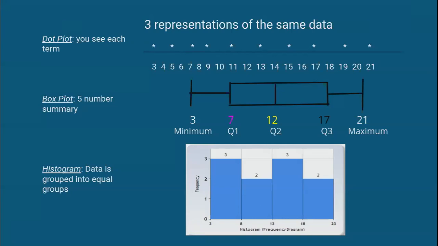But if we want to know about something specific, a histogram is not the graph, because a histogram has grouped the data together. So you can't tell about individuals. The only graph that will help us speak about individual terms is a dot plot.